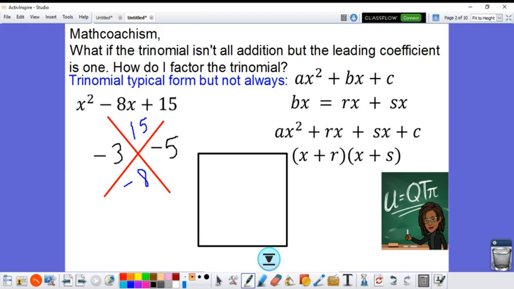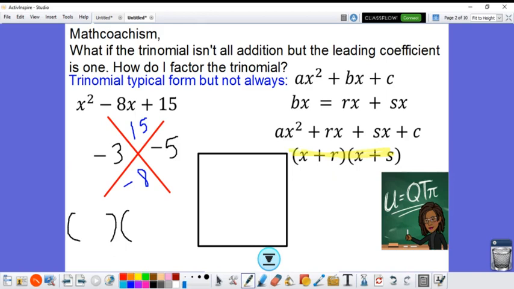Let's check that. -3 times -5 is 15. -3 plus -5 is -8. Because if I lose 3 and I lose 5 more, that means I lost a total of 8. So how do I write my trinomial? Remember, when we write our trinomial factors, you write it just like this each time.